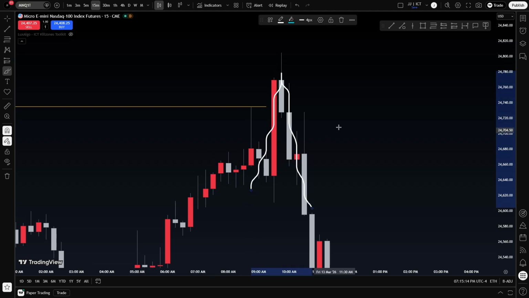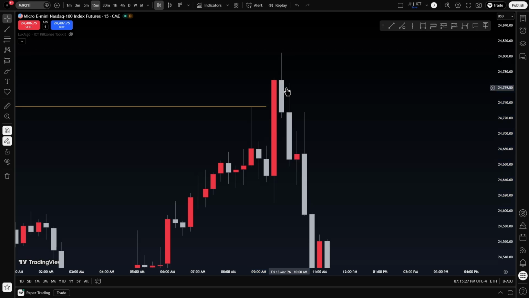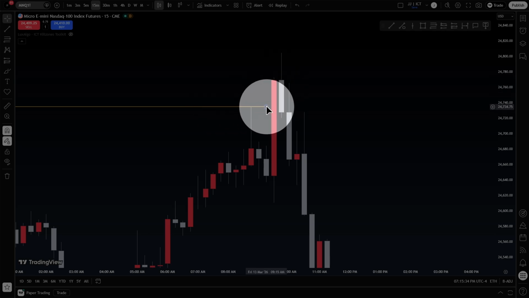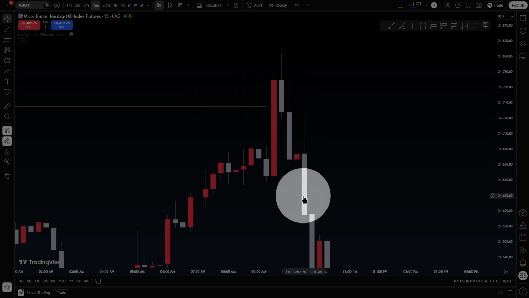It's squiggly because it's based on the candles. It only switches over after every candle, but it's basically an upside down V. So now you see what I'm talking about. We displace up into liquidity, and then displace back down away from it.